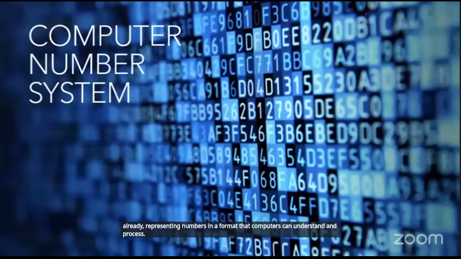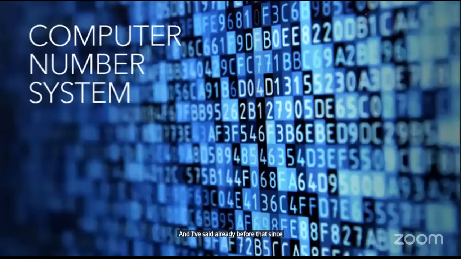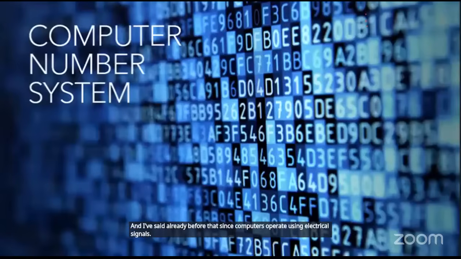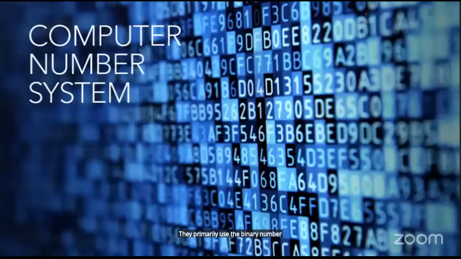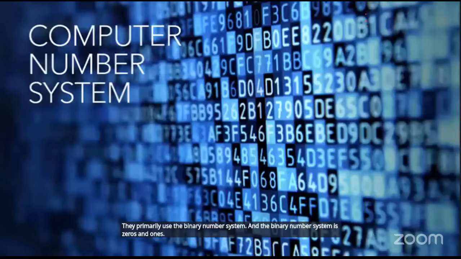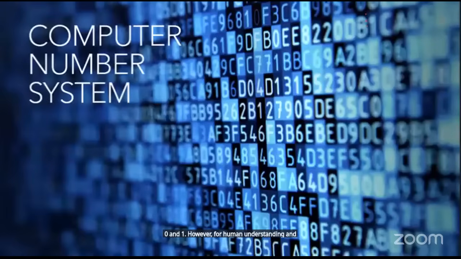And I've said before that since computers operate using electrical signals, they primarily use the binary number system. And the binary number system is zeros and ones. 0 and 1. However, for human understanding and convenience, other number systems are also used in computing.